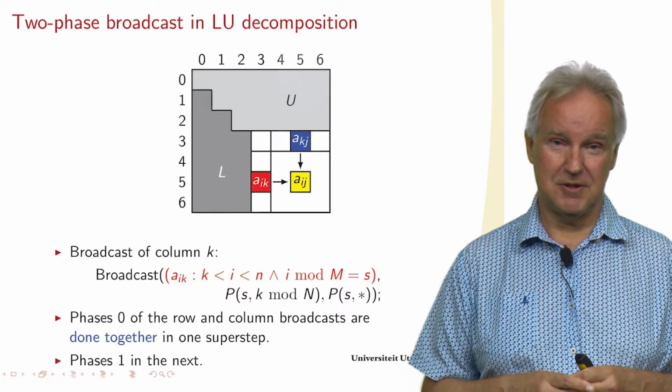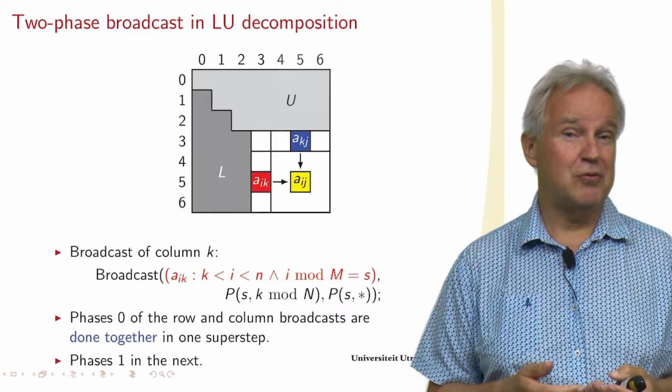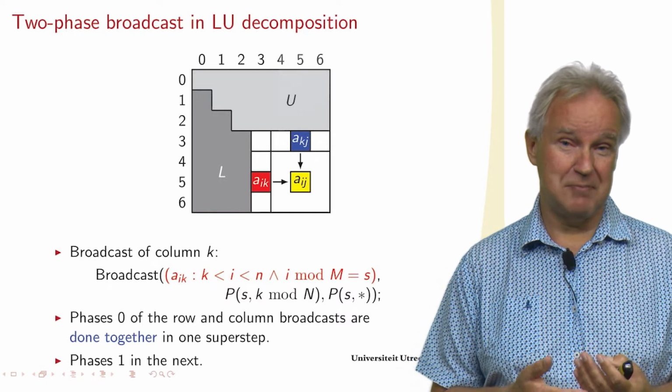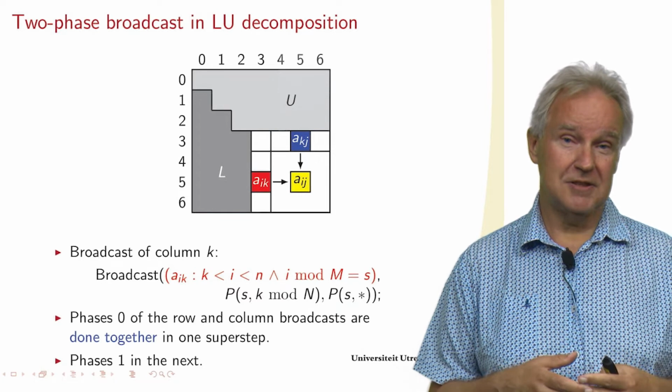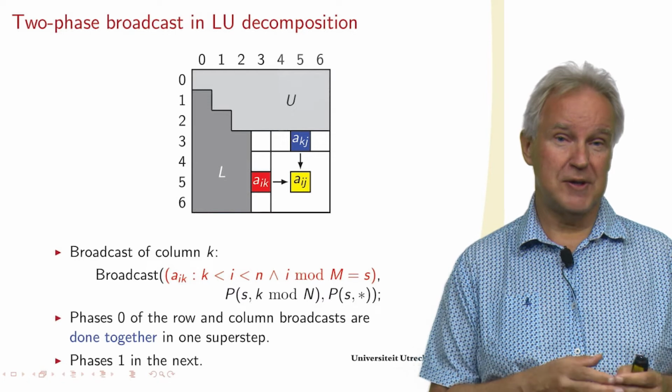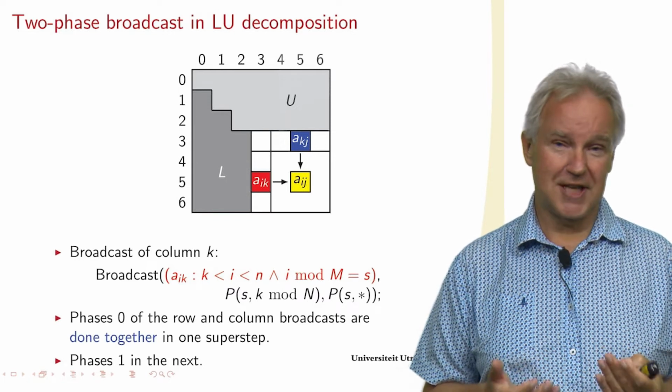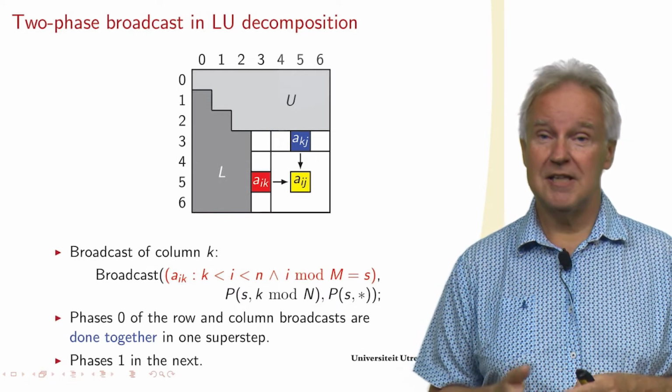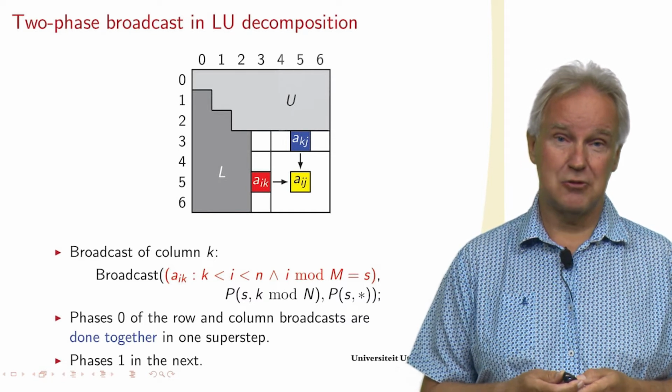That's the statement. And we do this for every processor row at the same time. And we can combine the phase 0 of the row and the column broadcasts, just saving a synchronization, and then combine the phases 1 as well.